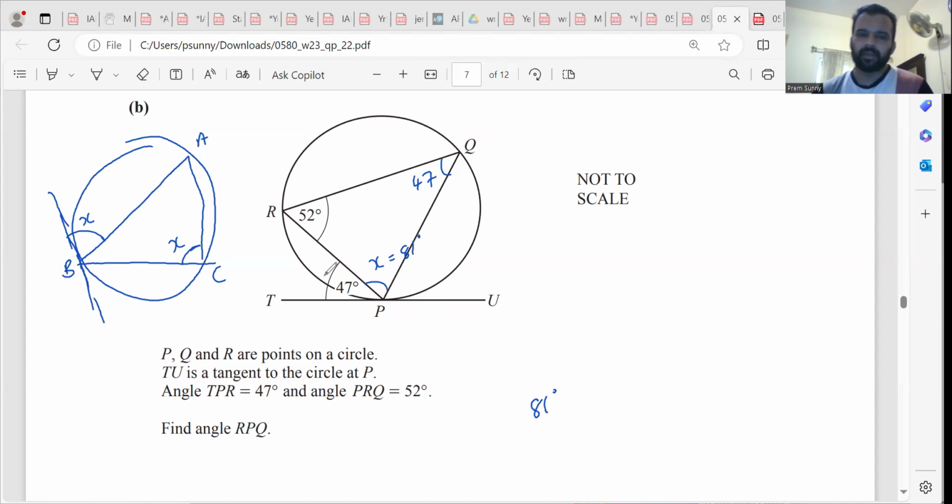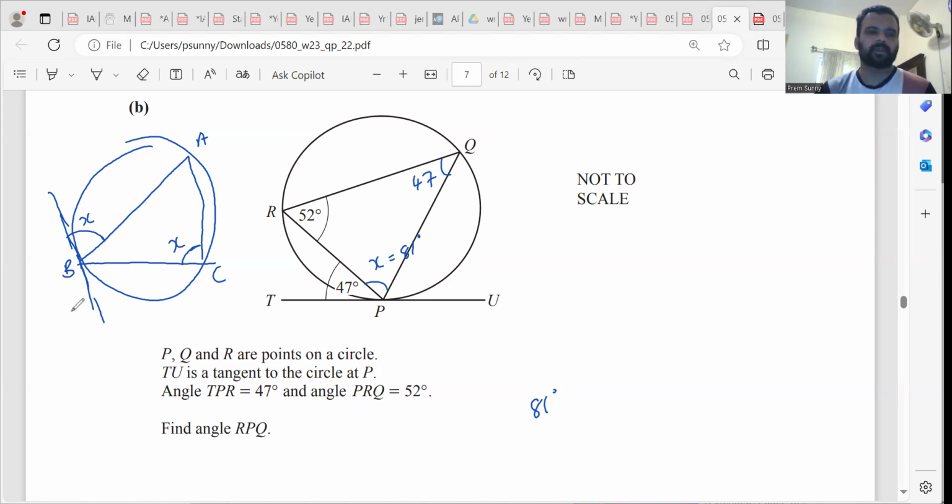By the alternate segment theorem, the tangent is making an angle with RP. This particular angle will be the same as the vertex that doesn't have any connection with this angle. So for RP, the only vertex that doesn't have any connection with R and P is Q. So Q will be 47.